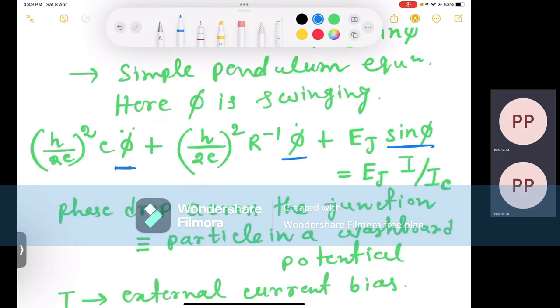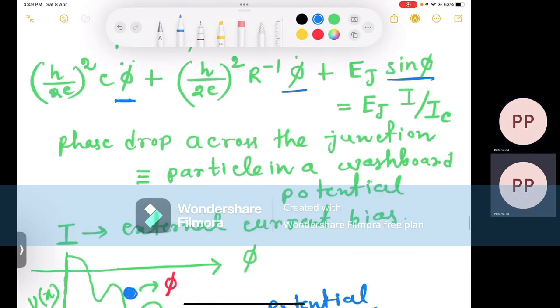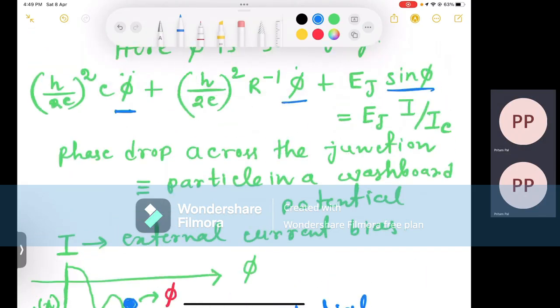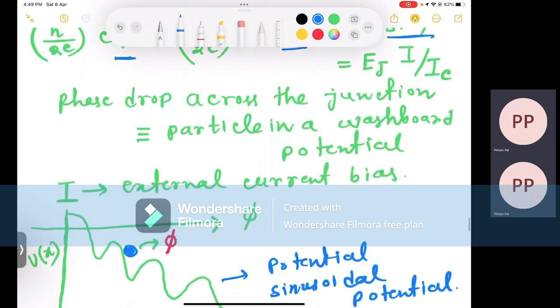So what is interesting over here? If you carefully look at the equation, you will find this is nothing but related to what we have for the simple pendulum. So it's like a particle in a washboard potential, right? Here I is your external current bias, and the particle can be thought of as the phase here, in analogy to that.